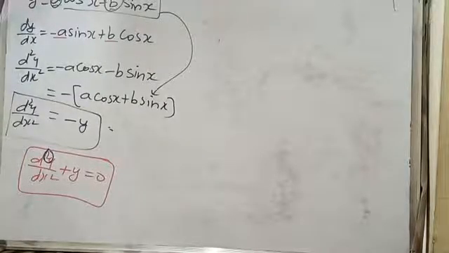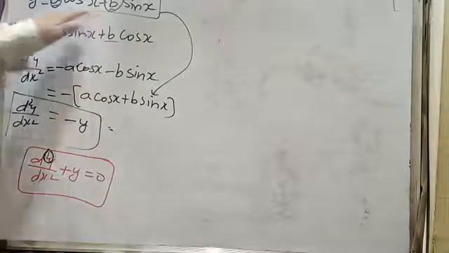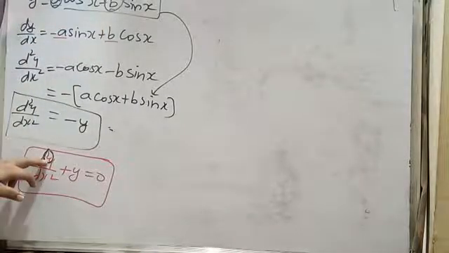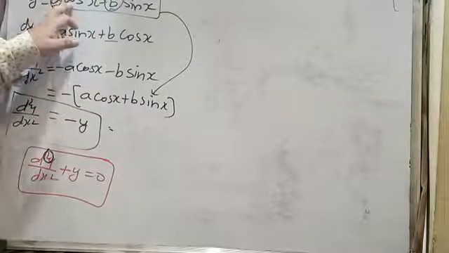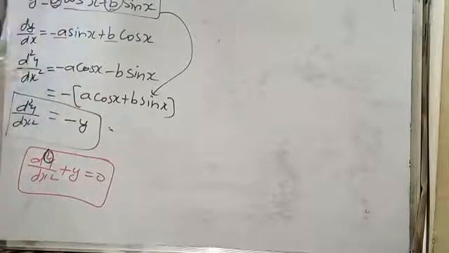So indirectly we can say that if the order is 2, we will get 2 arbitrary constants for a function. Otherwise, whenever there are 2 arbitrary constants, the order of the differential equation will be 2.